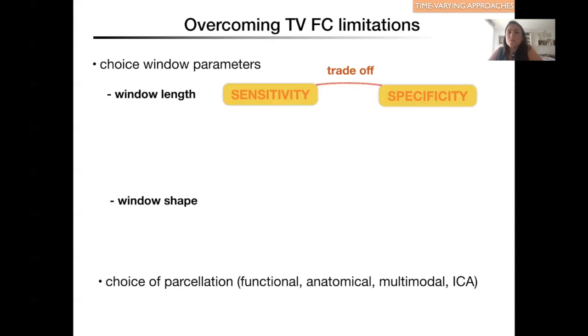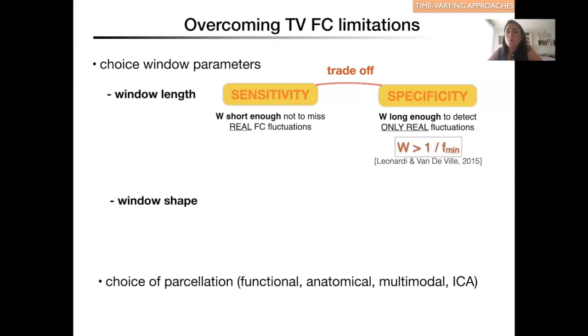What we have to consider when choosing the window length, there are many works on that in literature, is that we have a trade-off between sensitivity, so being able to see the fluctuations that we want to see. The window should be short enough to allow us to see the changes, because otherwise, if it's too long, everything inside the window is averaged out, right? But also specificity. The window should be long enough to only detect real fluctuations and not include any spurious fluctuations.